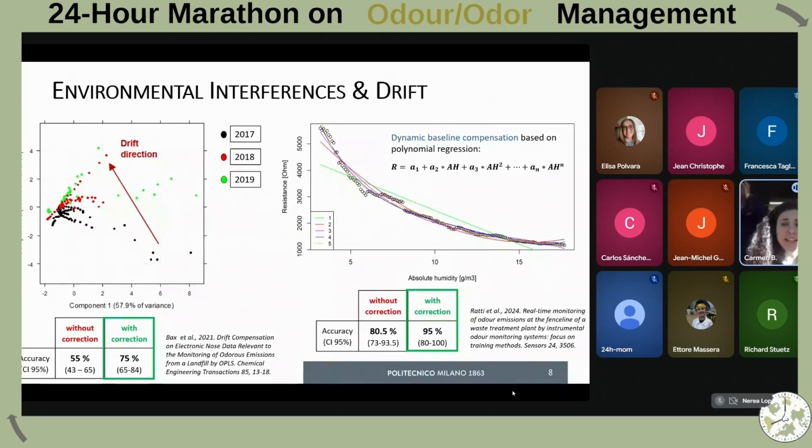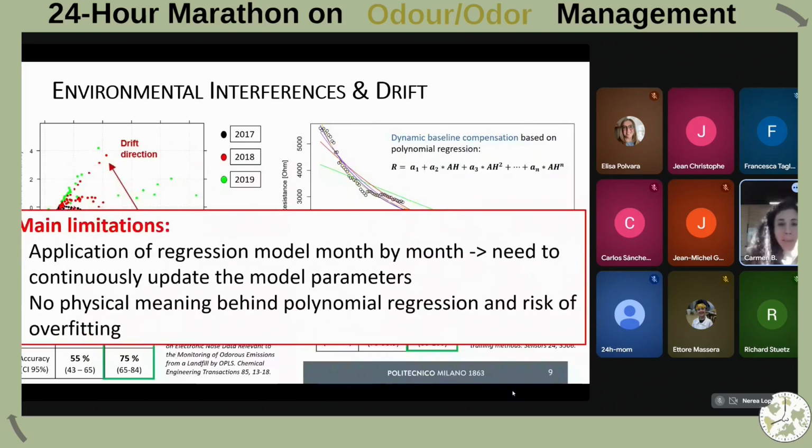In that case we decided to implement a dynamic baseline compensation of the sensor signal, considering the changes of the absolute humidity of the sample that the gas sensors were analyzing. If you compare the accuracy obtained before and after the correction, you can see that it's worth compensating for such interferences in order to ensure the reliability of the outcomes.